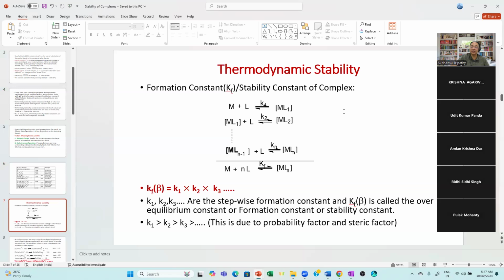But first, thermodynamic stability. So what does it mean actually? The formation, actually, it's a stepwise reaction. What I am writing as M, actually, it is an aqua complex. Whenever you have a transition metal salt solution in water, for example, ferrous sulfate, you add in water, immediately it will remain as hexaaqua iron 2.